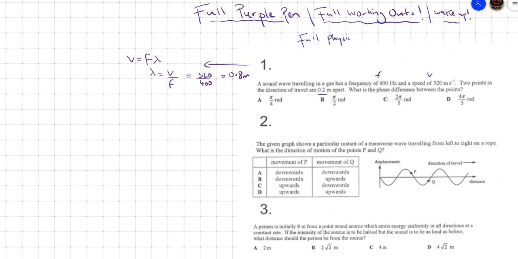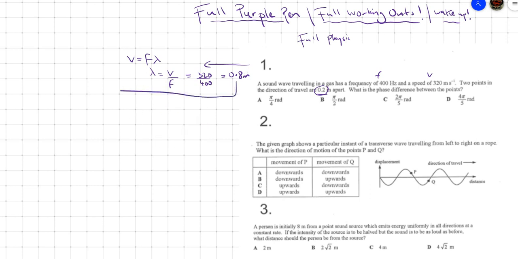Now what I want to know is how much is that of it. So far we know that 0.8 meters is equivalent to one wavelength. Now I want to know 0.2 meters, how much is that in terms of wavelength? So let me do it this way so we don't get confused.